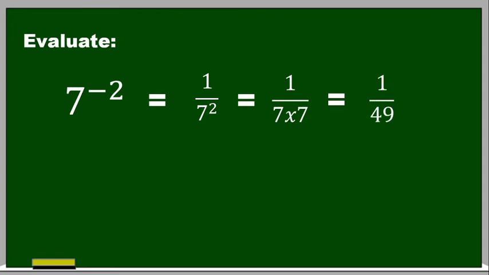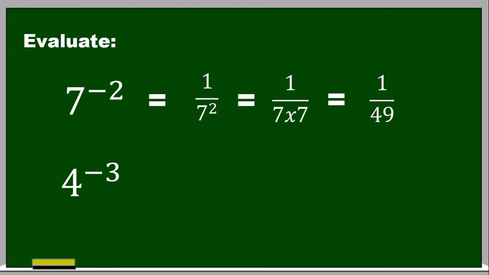For instance, if we evaluate 7 raised to negative second power, that is 1 over 7 squared, which is equal to 1 over 7 times 7, or 1 over 49.